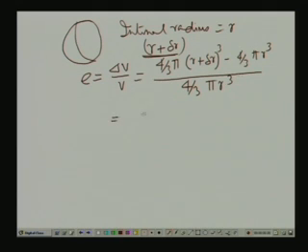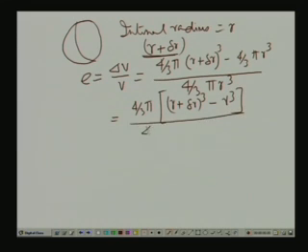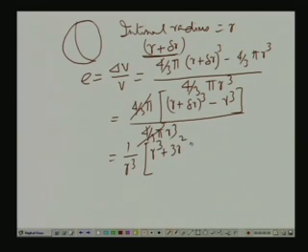So, this equals, if you take 4/3 pi out, then we have (r plus delta r) cube minus r cube divided by 4/3 pi r cube, and this gets cancelled. So, this equals 1 by r cube times (r cube plus 3 r square delta r plus 3 r delta r square plus delta r cube minus r cube).